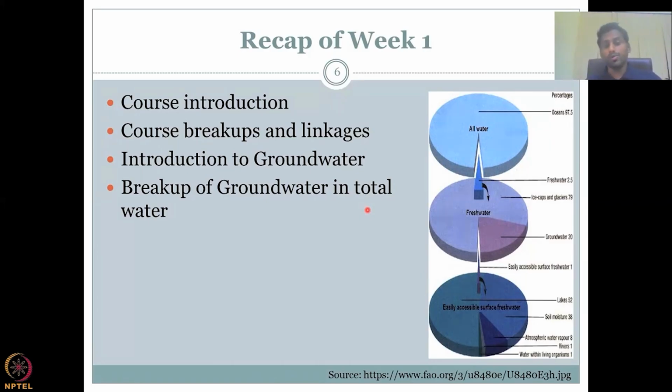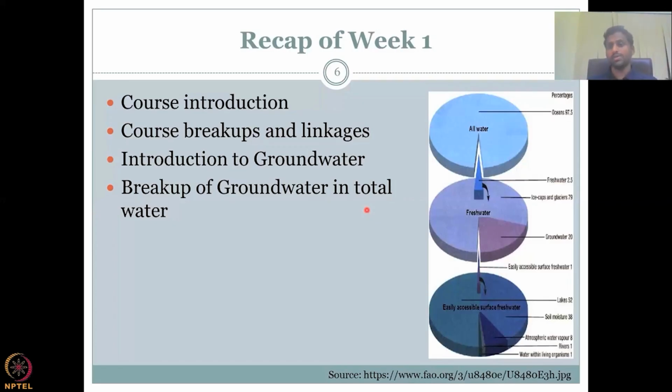Okay. Breakup of groundwater and total water budget. We showed this example from FAO, where you saw that of all water, 97.5% is salt. So if you take 100% water, 97.5% is salt water in oceans, only 2.5% is fresh water.